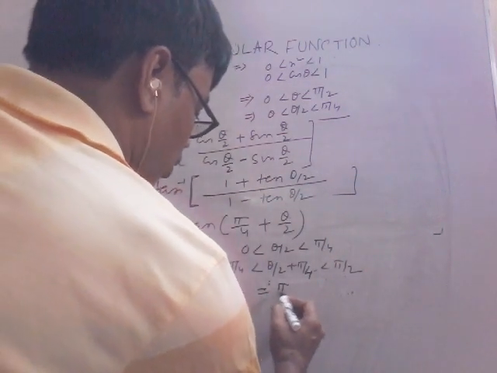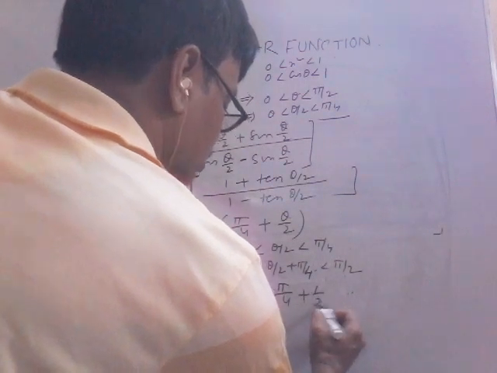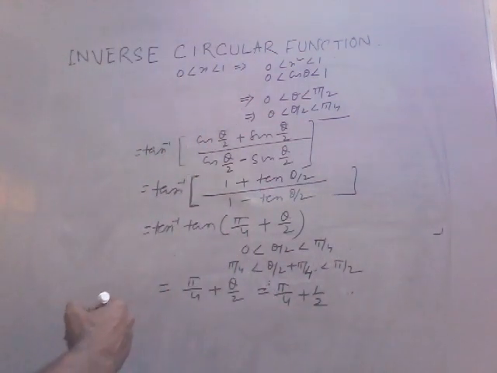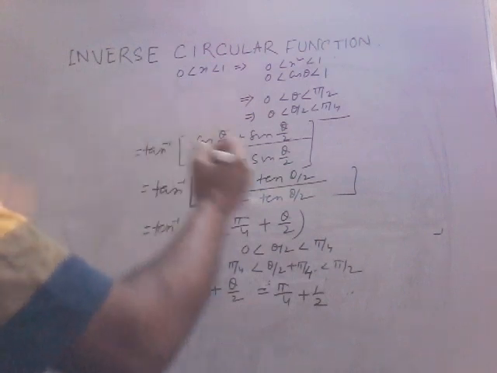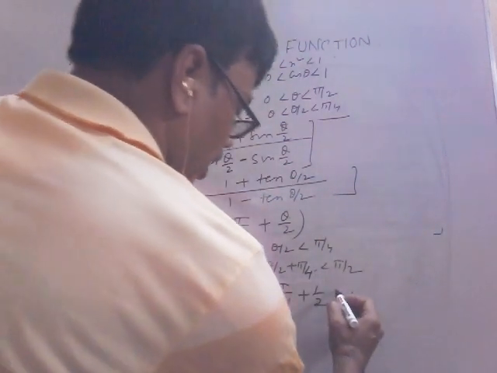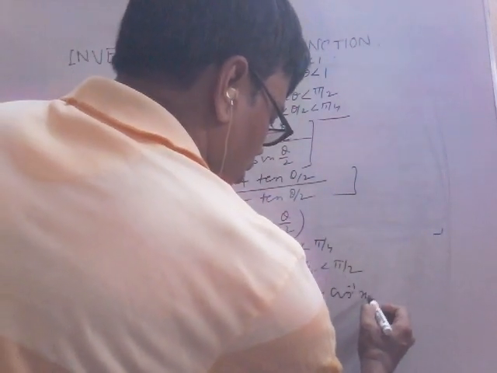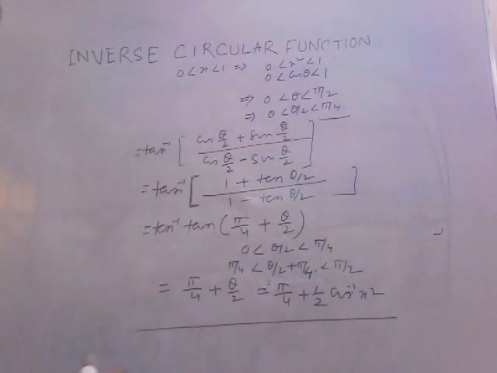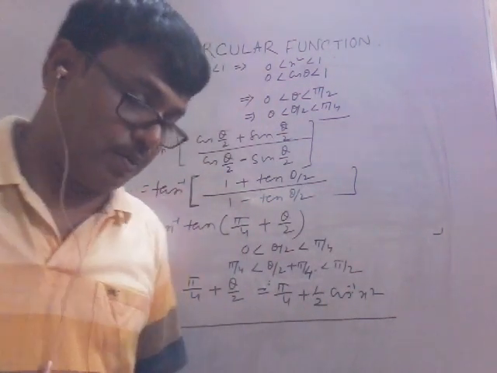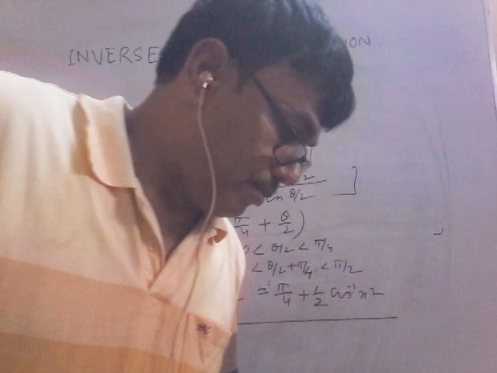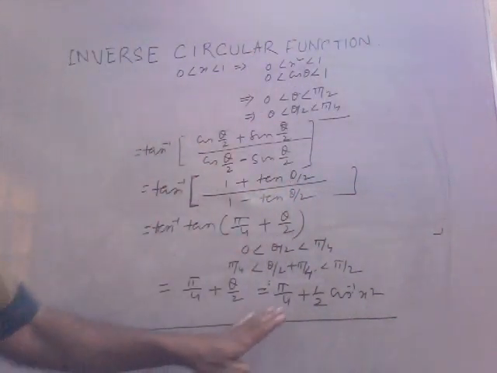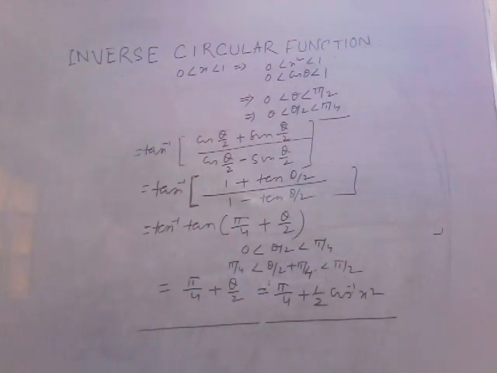Theta is not our original variable. What is theta? Cos theta equals x square. Theta equals cos inverse x square. So what is the simplified form? Pi by 4 plus half cos inverse x square.